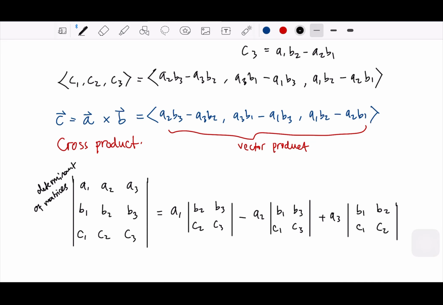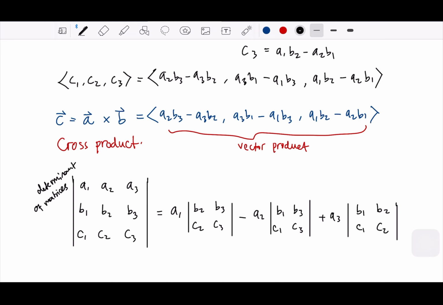We take A1 and multiply it by the determinant here. We take A2 and multiply with a negative the determinant of B1, B3, C1, C3. It is as if you are covering the row and column of A2. And A3, same thing: covering here, you have B1, B2, C1, C2.